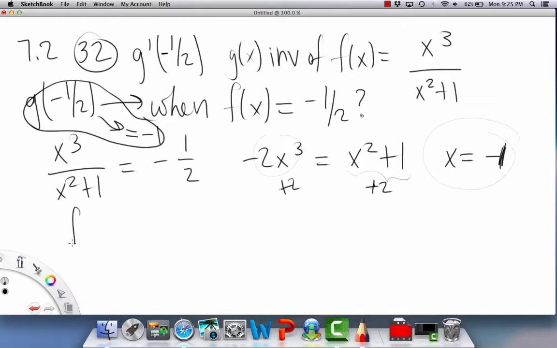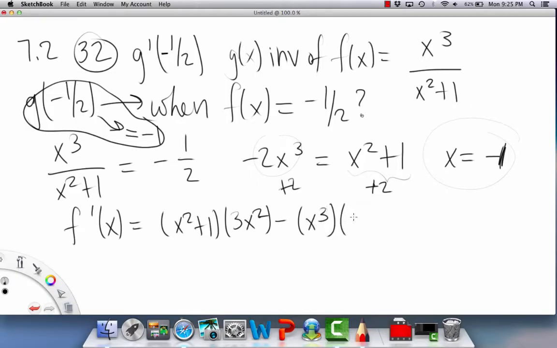And now we need our f prime of x. This is going to be kind of long because we have to do the quotient rule: bottom d top less top d bottom, over bottom squared.